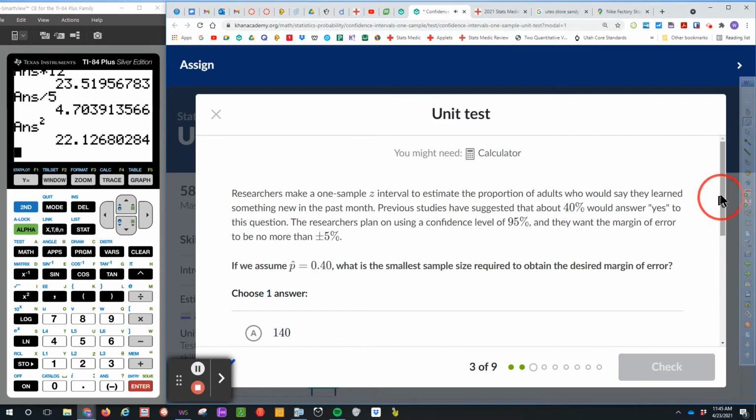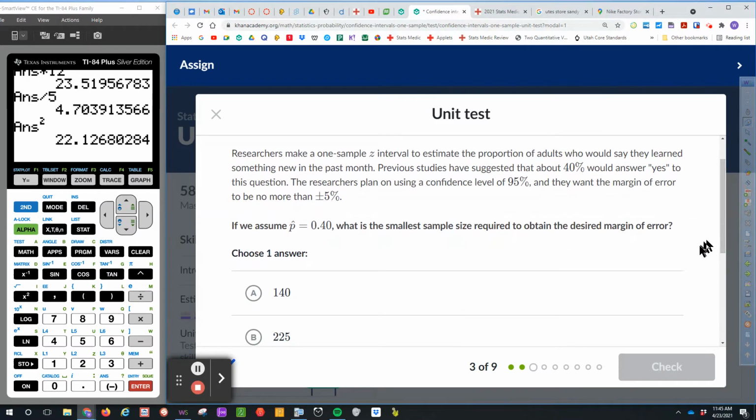Okay, so next question. Researchers make a one sample Z interval to estimate the proportion of adults who would say they learned something new in the past month. Previous studies have suggested that about 40% would say yes to this question.